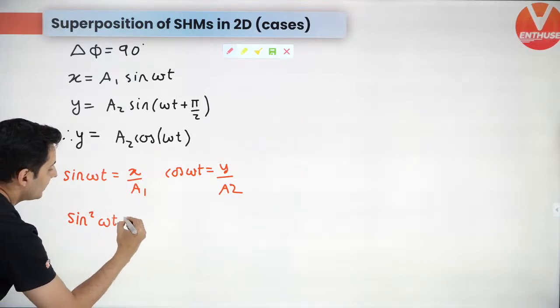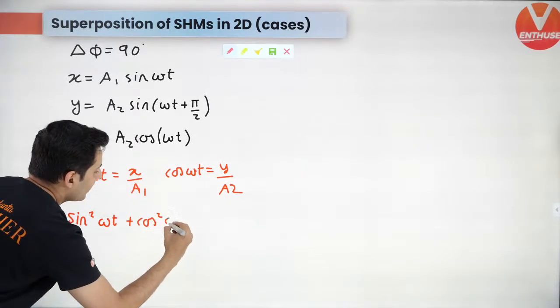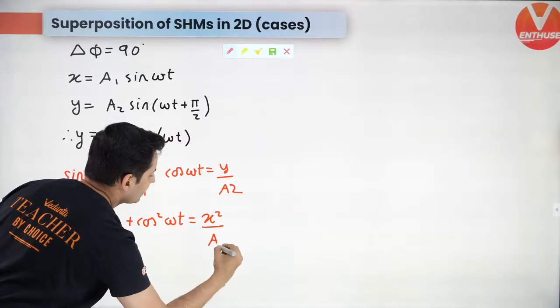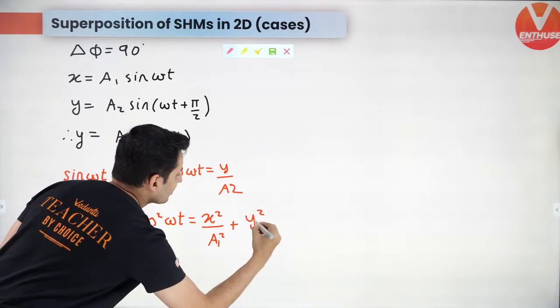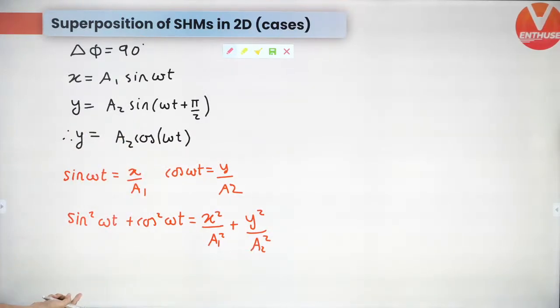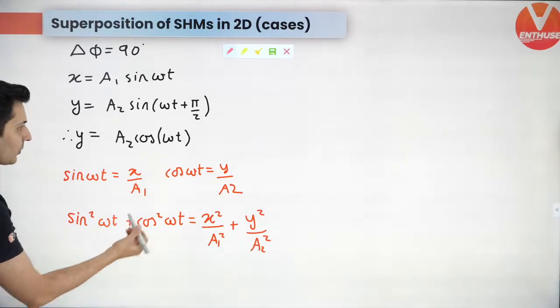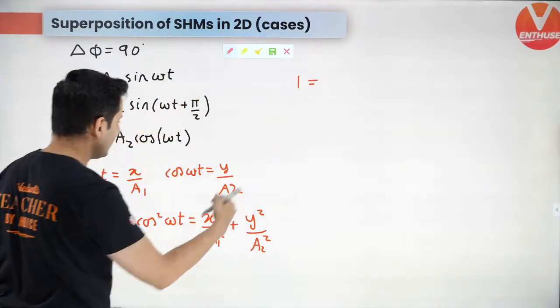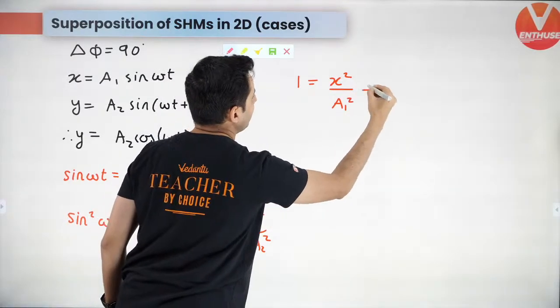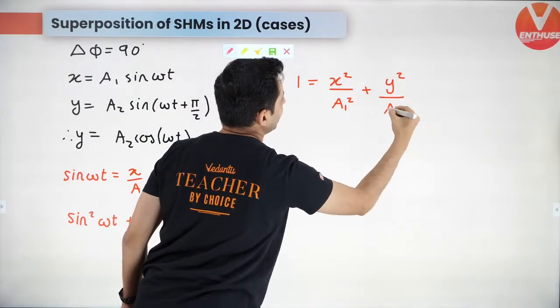So sine square omega t plus cos square omega t will be x square by A1 square plus y square by A2 square. But I know the LHS is going to be 1, so 1 is equal to x square by A1 square plus y square by A2 square.